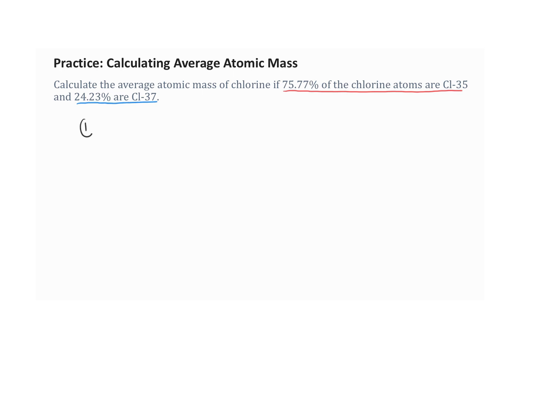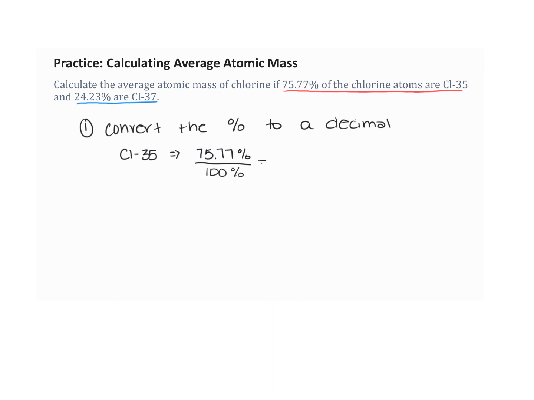Now, the first step to solving this is that you need to convert the percent to a decimal. The way that you do that is you divide by 100. So for the chlorine 35, you're going to take the 75.77% and divide by 100%, and that's going to give you 0.7577, and that's the abundance of chlorine 35.